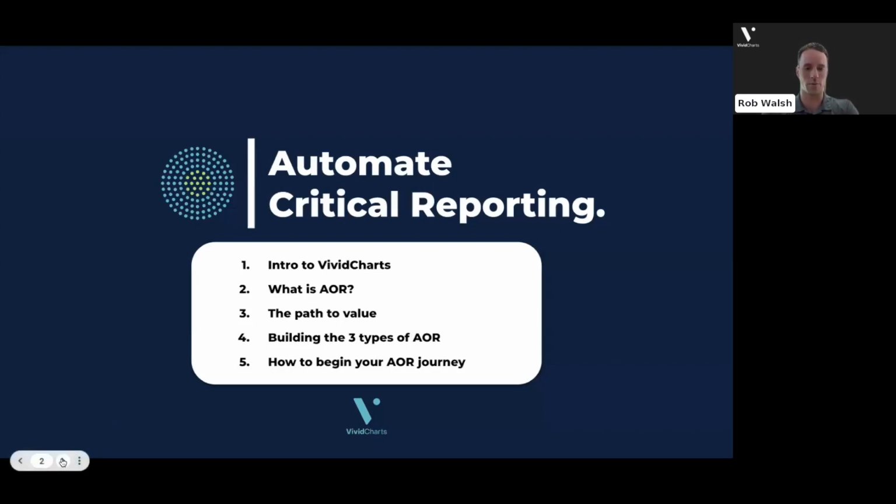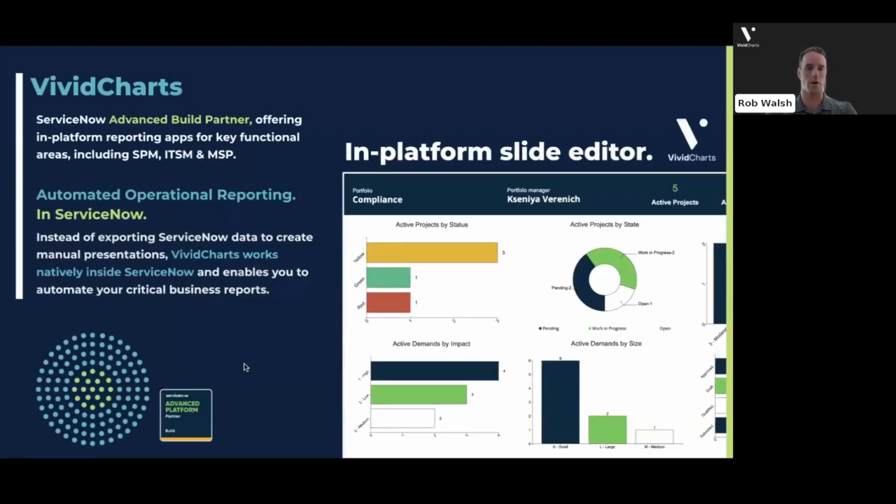So let's start by giving a little bit of background on who VividCharts is. For everybody out there that's not familiar, VividCharts is an advanced build partner in the ServiceNow Build Partner Program. So we provide a plugin that lives directly in client ServiceNow instances, and our platform provides automated operational reporting that's directly tied to your ServiceNow data.